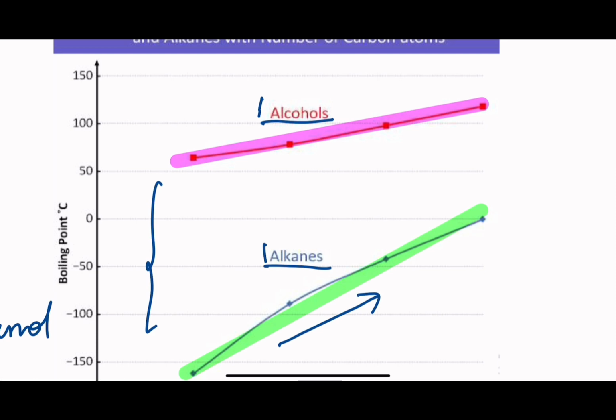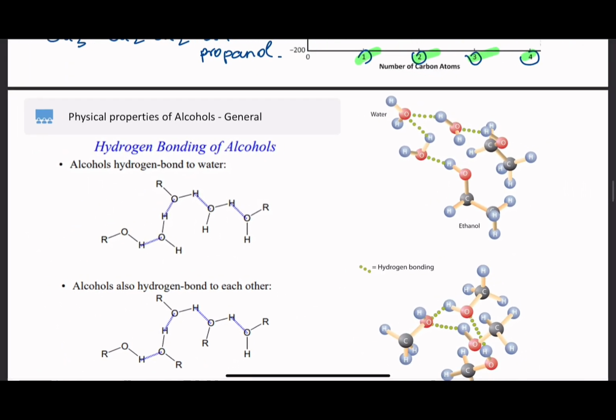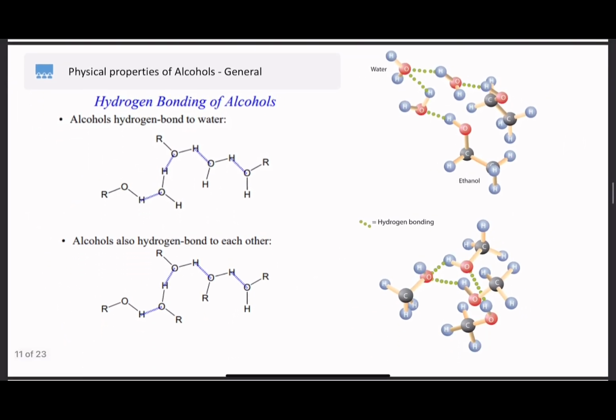Why? I will explain it, and I talked about it in class. It is due to hydrogen bonding. You guys know that London dispersion is weaker than dipole, and dipole is weaker than hydrogen bonding.